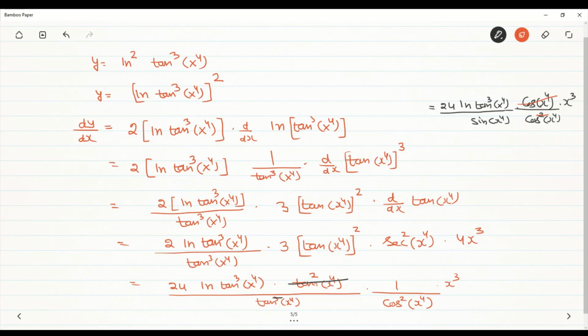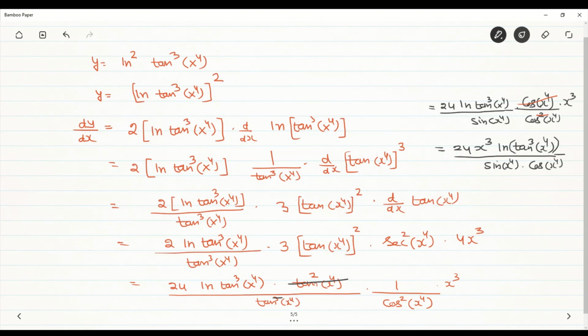So ultimately we are left with 24 x cube, then we have ln tan cube x⁴, and the whole thing is then divided by sine x⁴ times cos x⁴, right? So this is the final answer in the most simplified form.